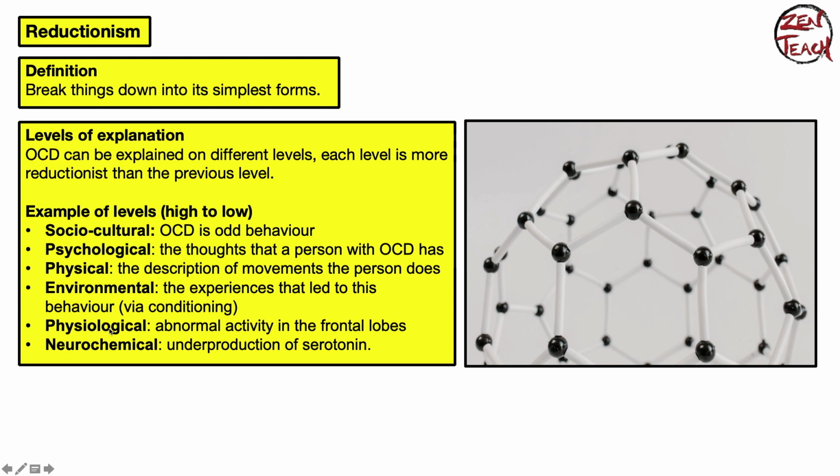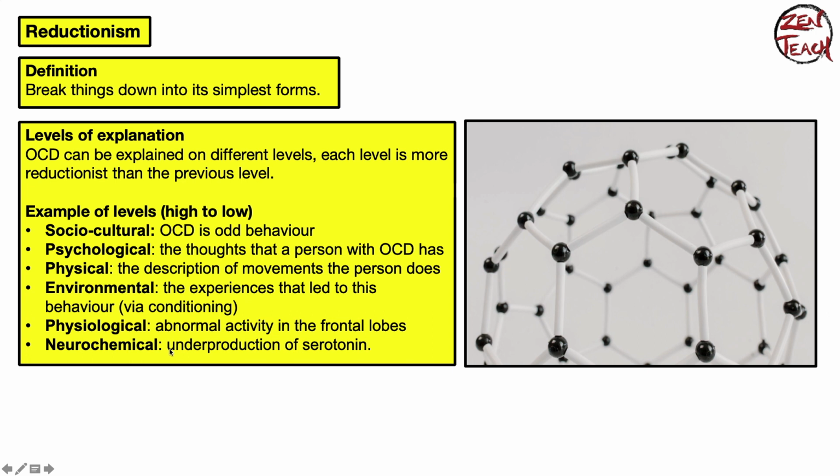Physiology would ask what kind of anatomy do they have that is different from people that don't have OCD. Maybe their brain structure is different. Right? And you could go even further into molecular biology, neurochemistry, and say, what is it about the neurotransmitters in the brain that is maybe different? And here is actually where we find an answer.